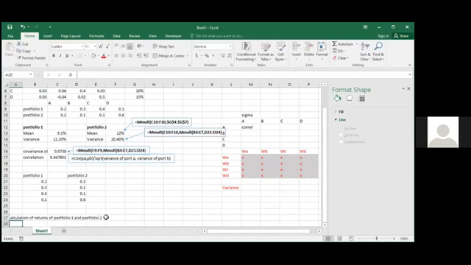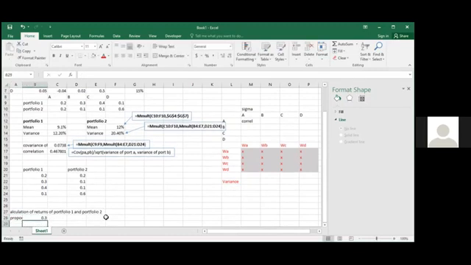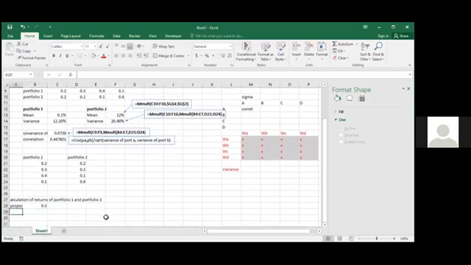Now the proportion of portfolio 1, the percentage, is 0.3, 30%. Then the mean value. Now we can easily calculate the mean value of the overall portfolio.